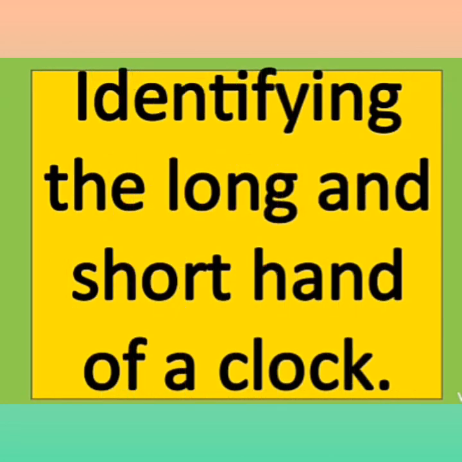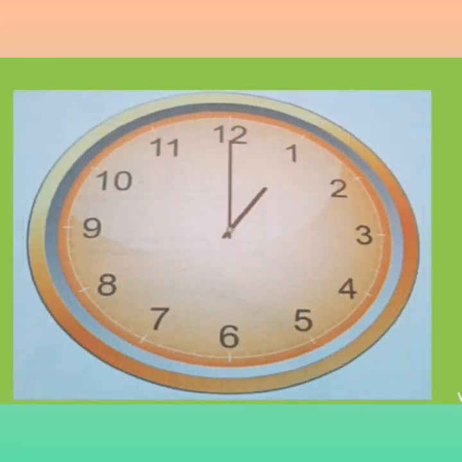Identify the long and short hand of a clock. What is the time? The time is 1 o'clock. How do you know the time is 1 o'clock? Because the long hand is at 12, while the short hand is at 1.